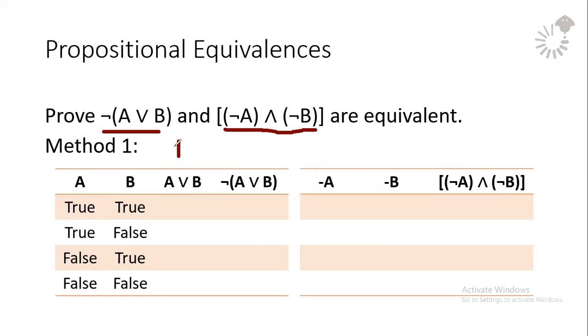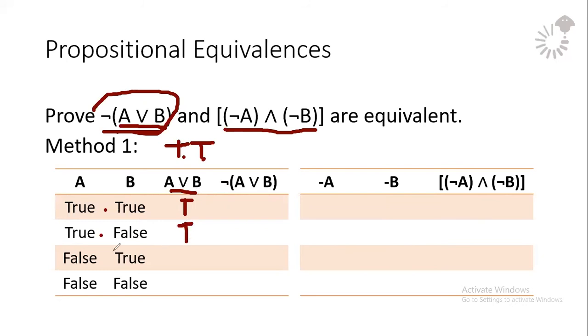So first method, using the original truth table. Bago pa nauso yung twice, college kami, meron na kaming truth table. Execute natin tong first statement. Yung nasa loob ng parentheses, A or B: true or true is true. True or false is true.